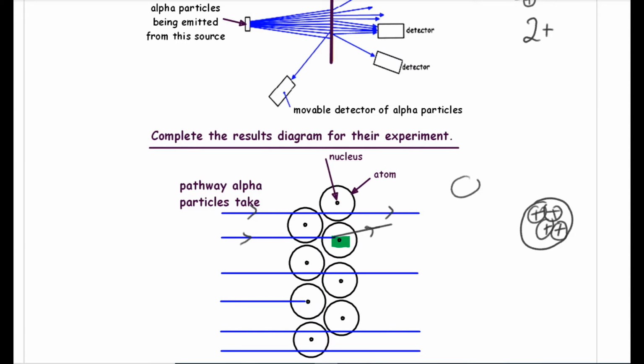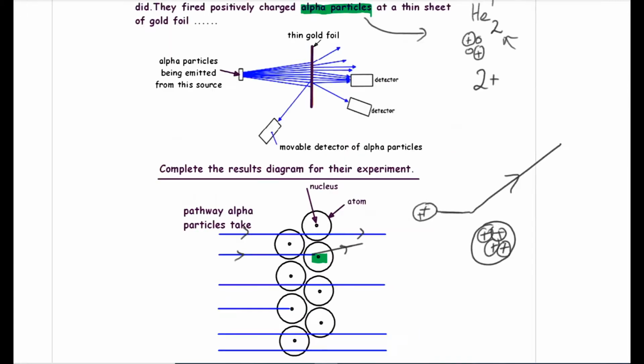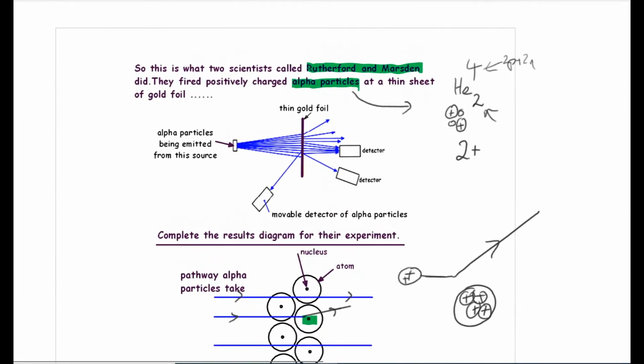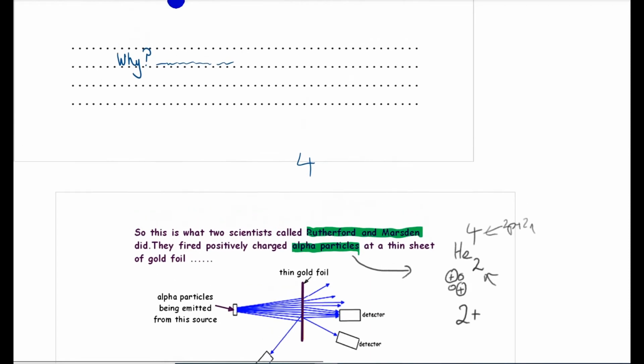You've got this alpha particle that's got 2 positive charges there, and when it comes close it gets repelled away because 2 positive charges cause a repulsive force.